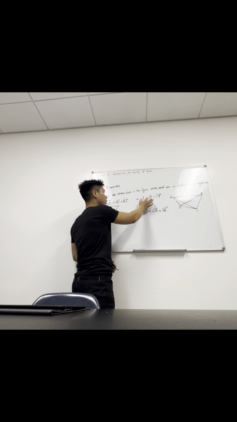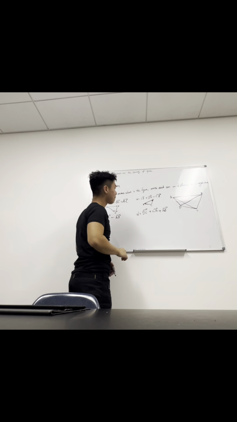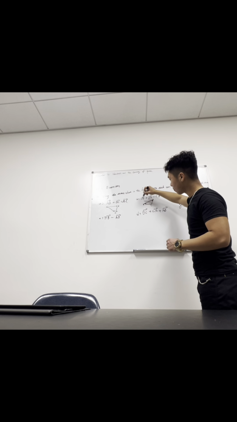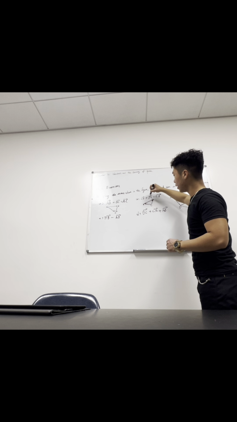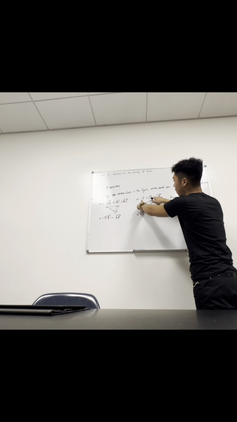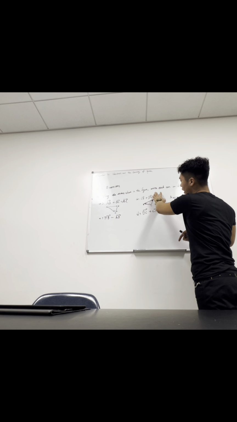Basically, just take out the letter in between and write down the letters on the two ends. This is CD plus DB. We take out the D and write down C and B together, then put an arrow on top.